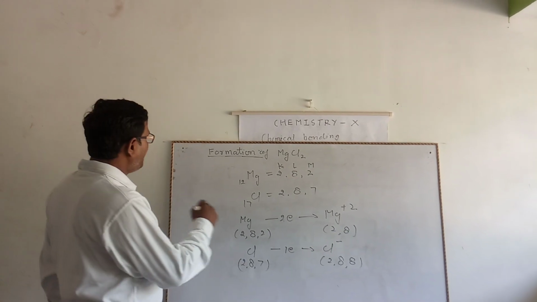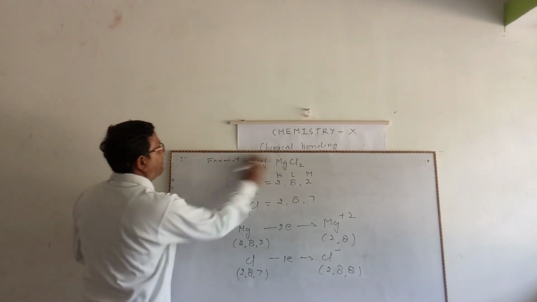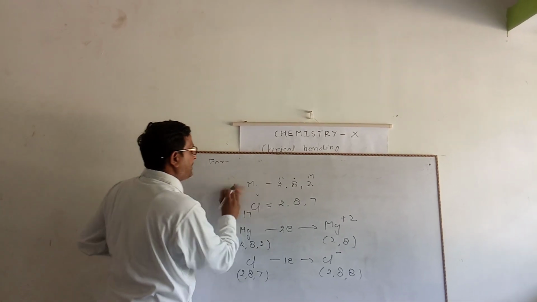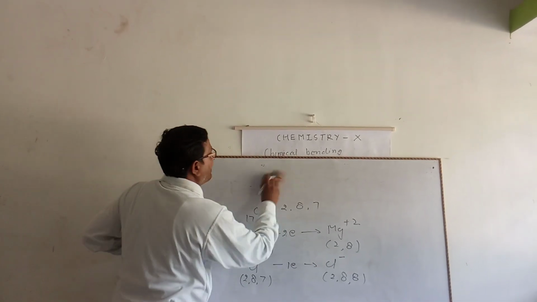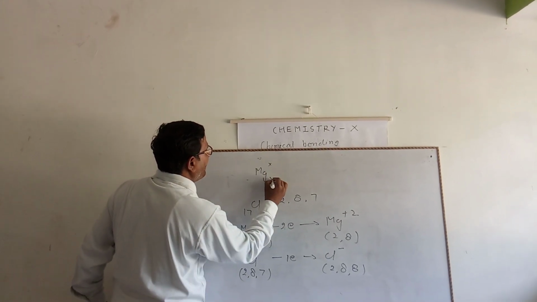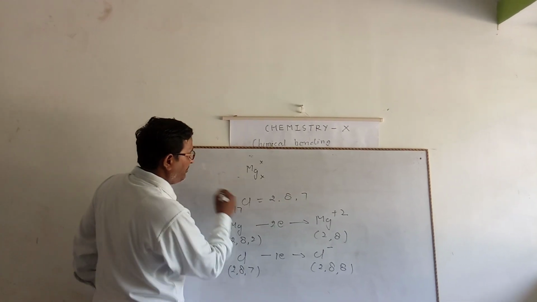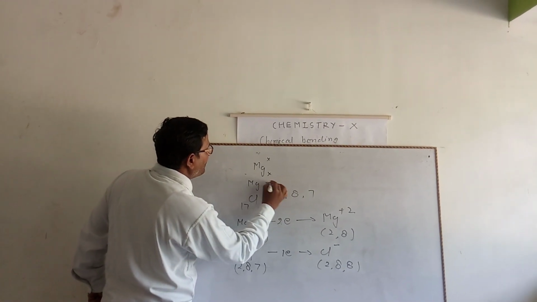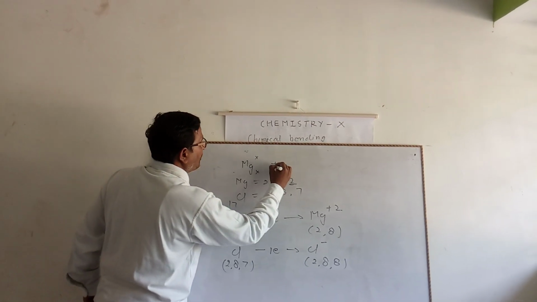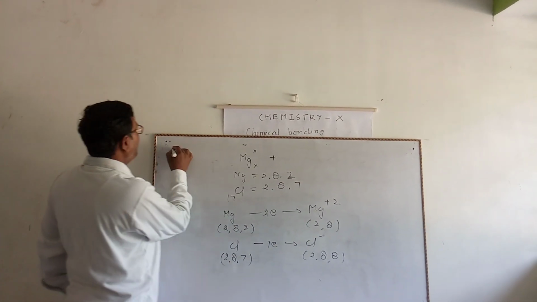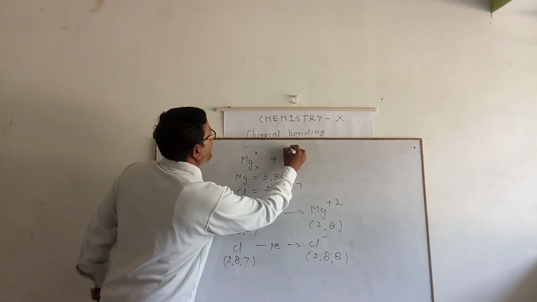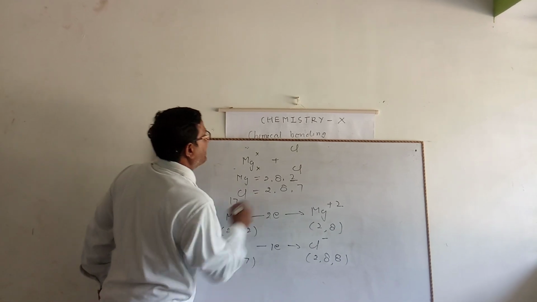Magnesium has 2 electrons in its valence shell, electronic configuration 2, 8, 2, and the 2 chlorine atoms in magnesium chloride each have 7 electrons in their valence shell.